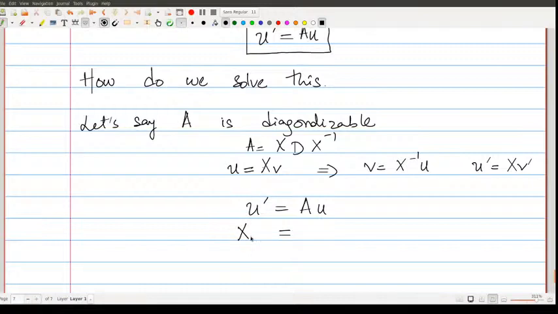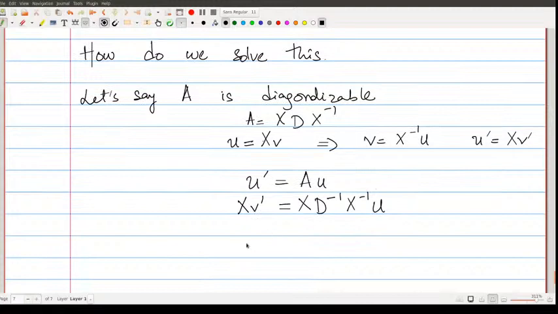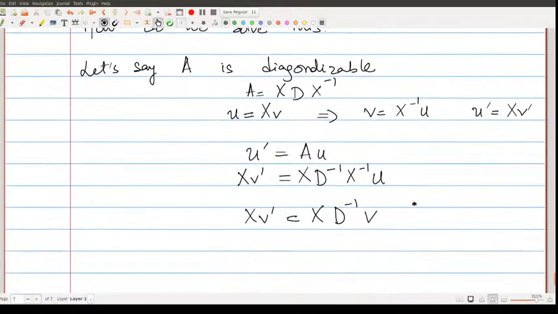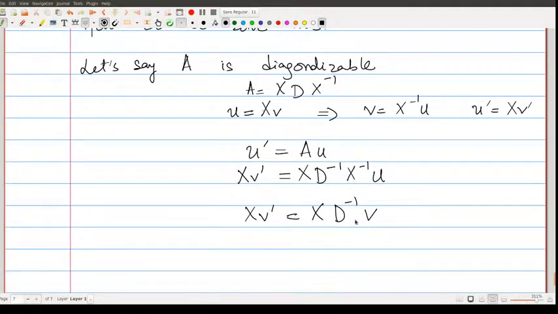So the left side is simply Xv prime, and the right hand side is, if we have the diagonalization X D X inverse times u, we know that X inverse u is just equal to v. So we have Xv prime is equal to X D v, and now I can multiply both sides by X inverse.